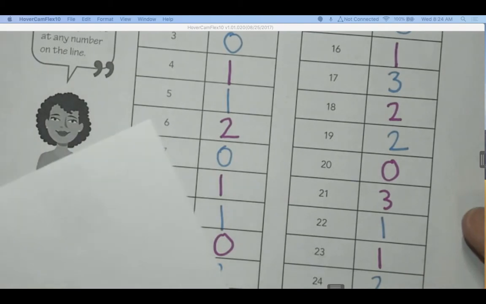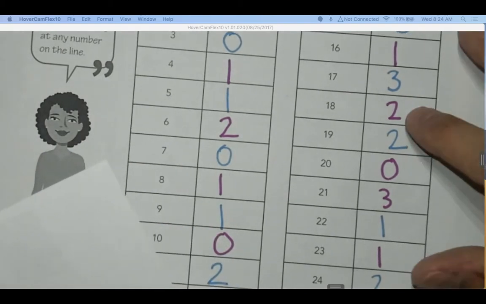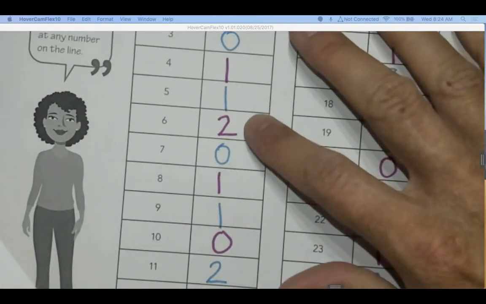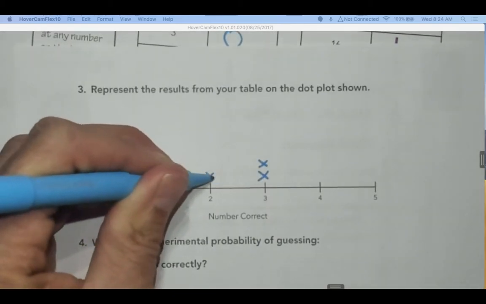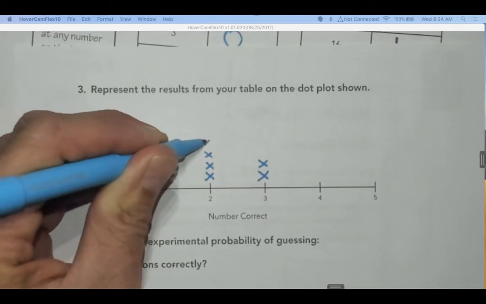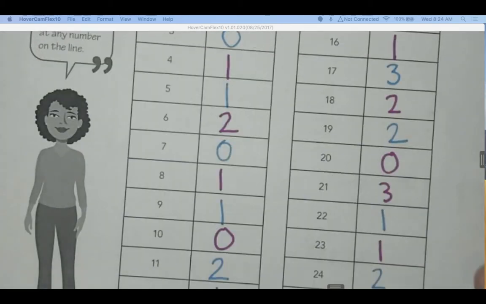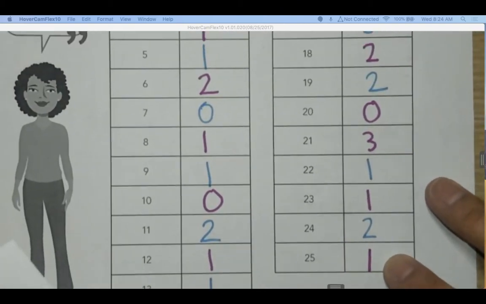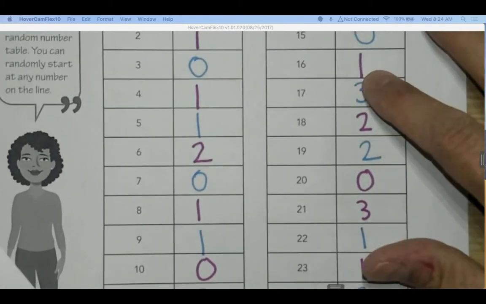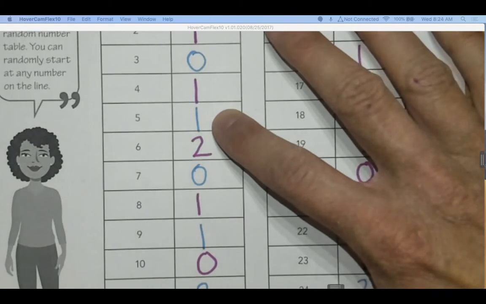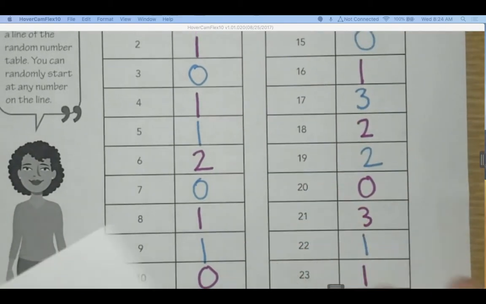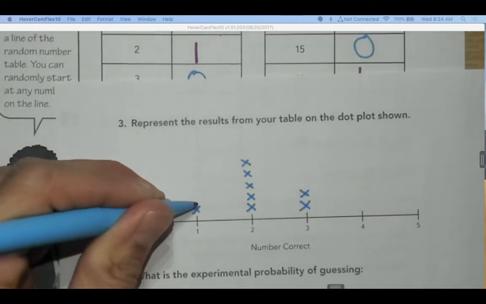For the twos, I've got 1, 2, 3, 4, 5. 5 twos. For the ones, I've got 1, 2, 3, 4, 5, 6, 7, 8, 9, 10, 11, 12. I have 12 ones.